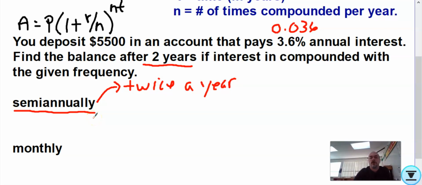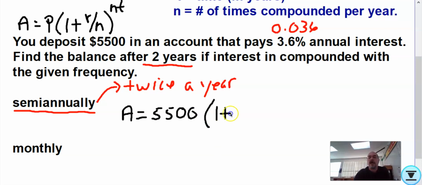Okay, well, here we go, ladies and gentlemen. I'm going to start plugging the numbers in. So the amount of money is going to equal the 5,500, that's the P, that's the principal, times 1 plus, okay, the rate, ladies and gentlemen, 0.036. Again, you don't need the 0 in front of the decimal. Now, the N is the number of times compounded per year. Semi-annually means twice a year.